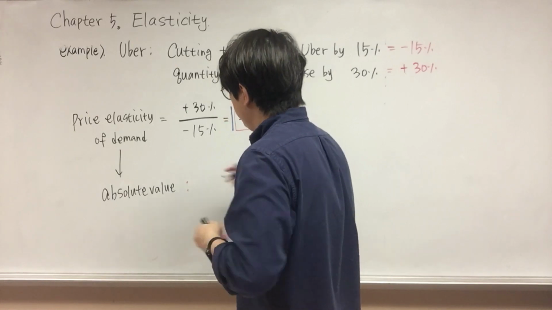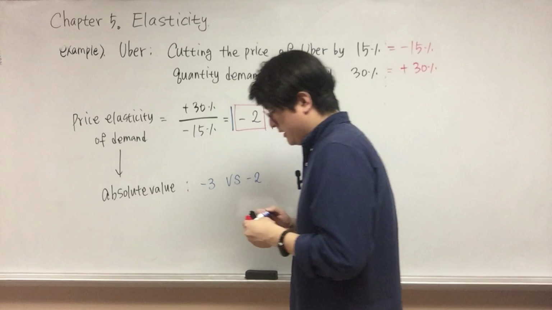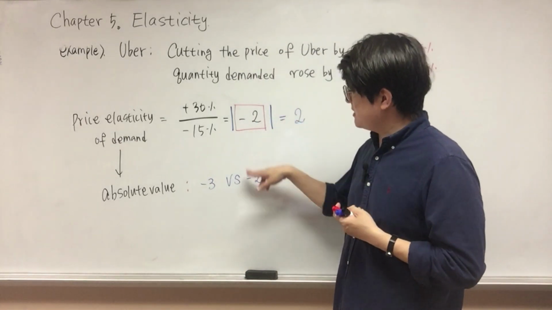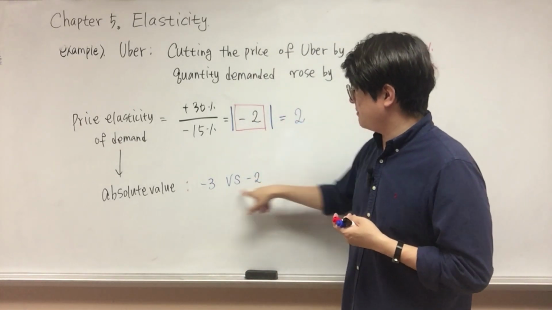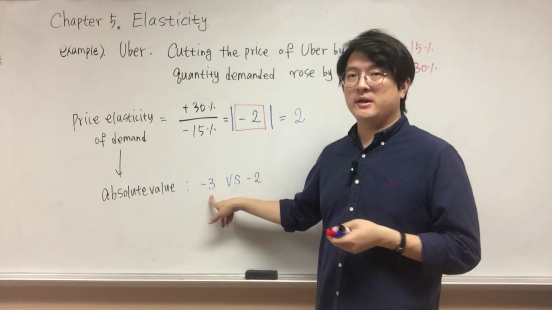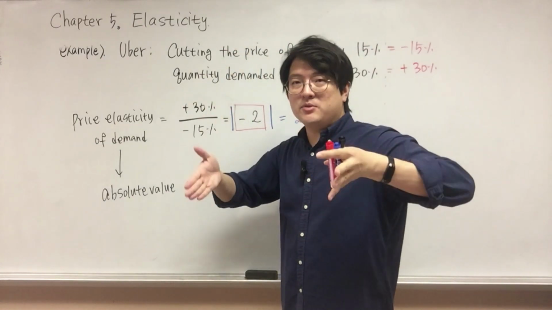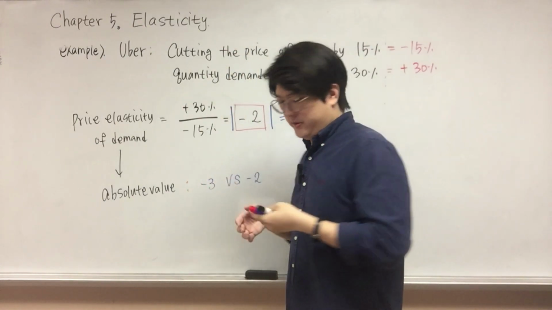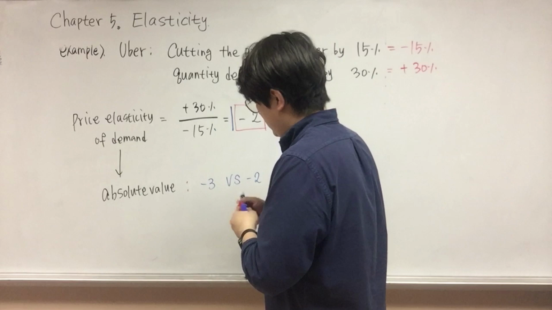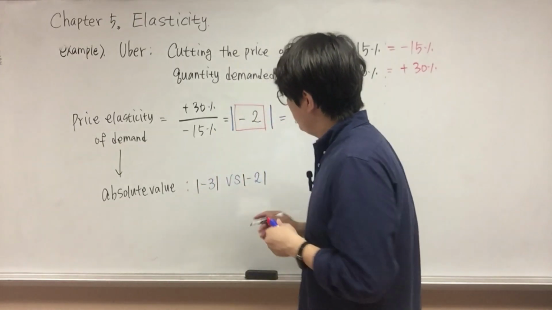If we compare -3 to -2, if the price elasticity of demand is -3 and -2, at first, -2 is greater than -3, correct? But if we put the absolute value on the two values, which one is bigger?